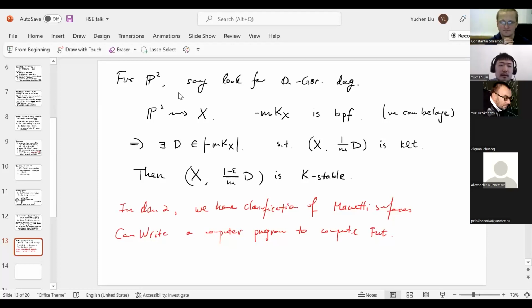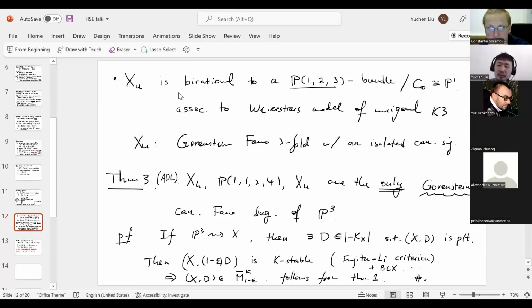But for P3, this is very difficult. So far, I don't know how to go beyond Gorenstein. Here we only know Gorenstein because then you're in this quartic case where we basically use K3 surfaces to figure out all the walls. Otherwise, we don't know how to proceed.